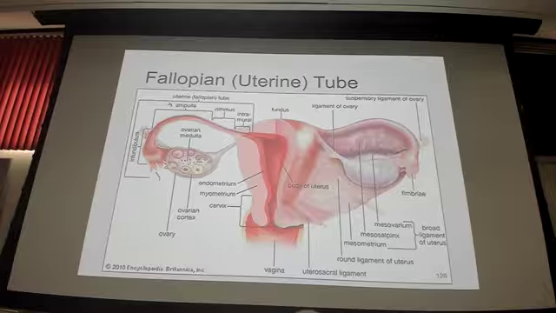These are the fimbriae that sort of wave that into the opening of the fallopian tube, and then this is the most common portion, and then as those peristaltic waves continue, the zygote should continue down and then ultimately implant somewhere in the uterine wall, okay?